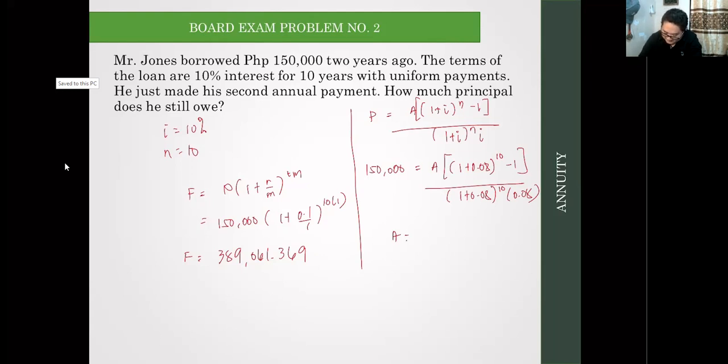Sorry. So A equals 150,000 times 1 plus 0.1 raised to 10 times 0.1, divided by 1 plus 0.1 raised to 10 minus 1. Okay? So yung amortization dapat niya is 24,411.809.